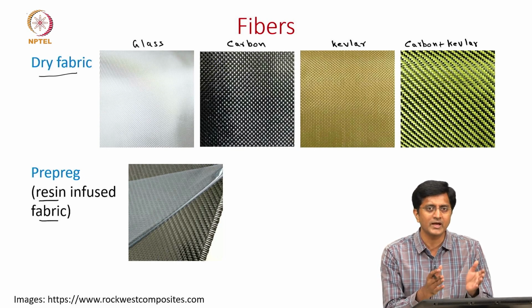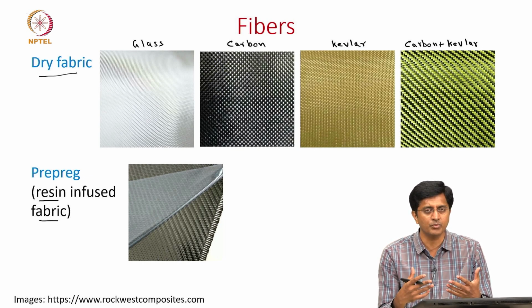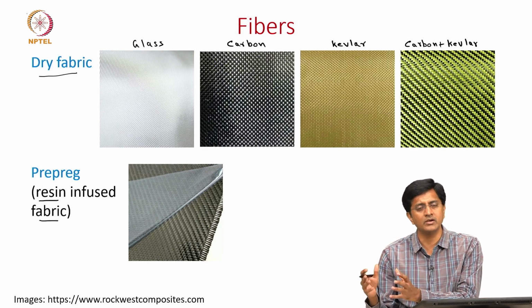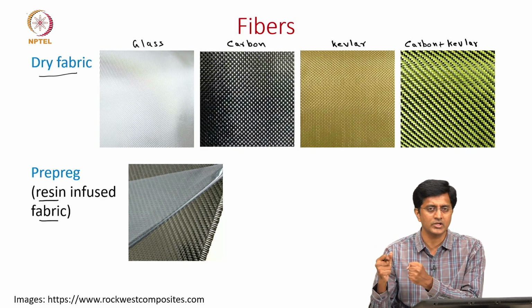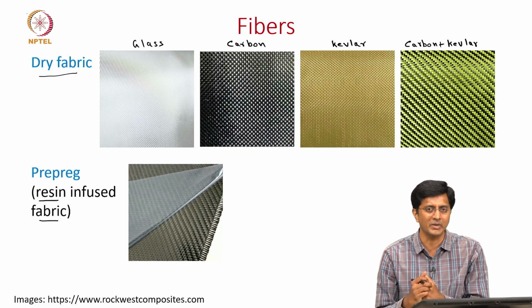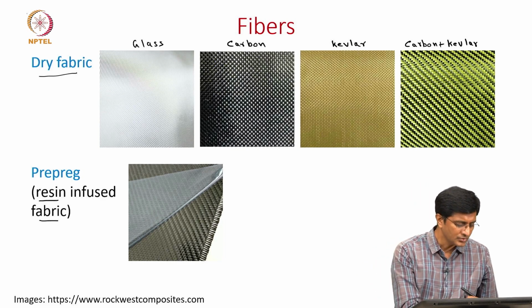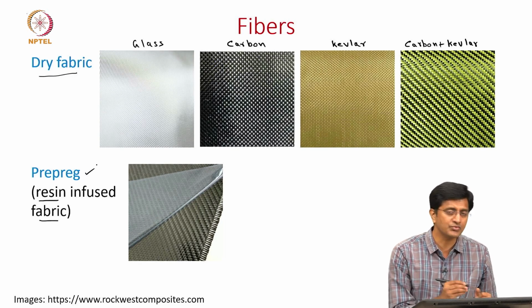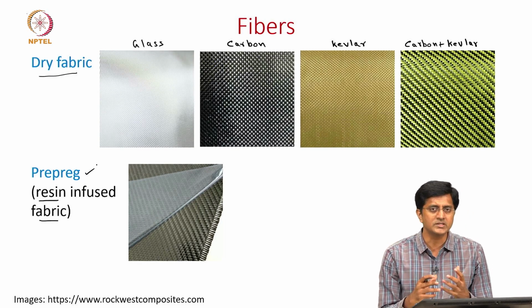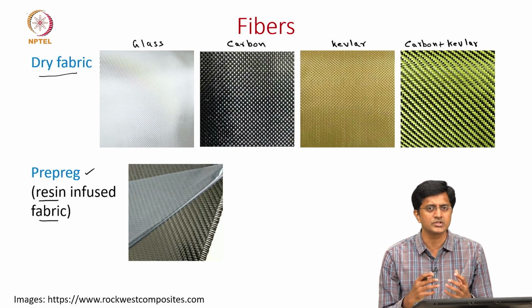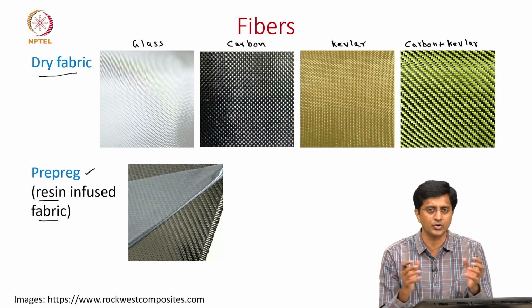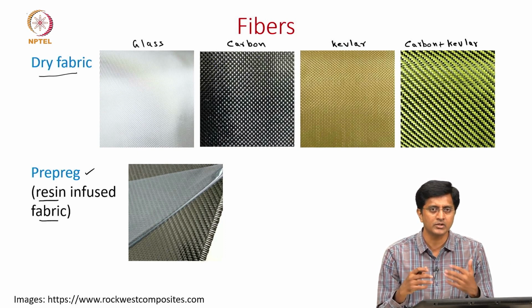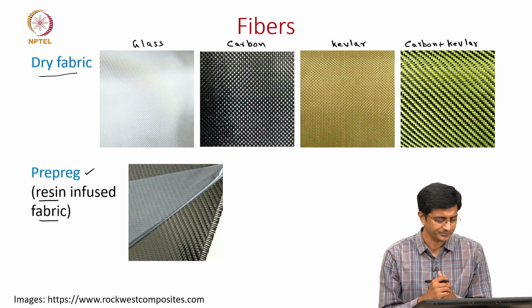After we get it and prepare this composite, we have to again subject it to curing before it turns into a very solid state or strong material. So, prepregs are useful because they make the process of preparing these composites much easier, because it has both the fabric as well as the resin together. You do not need to add them together during preparation.